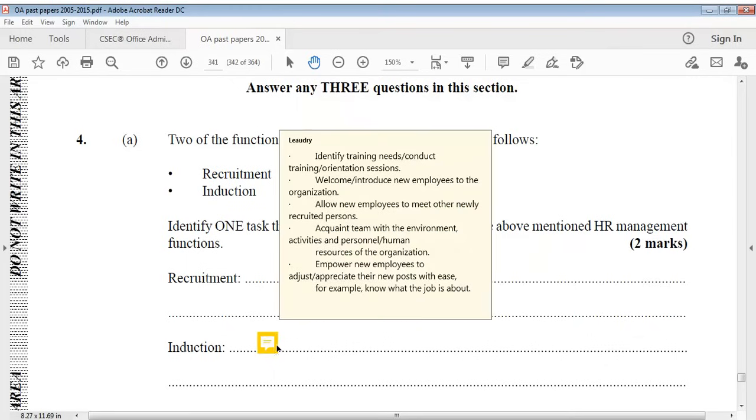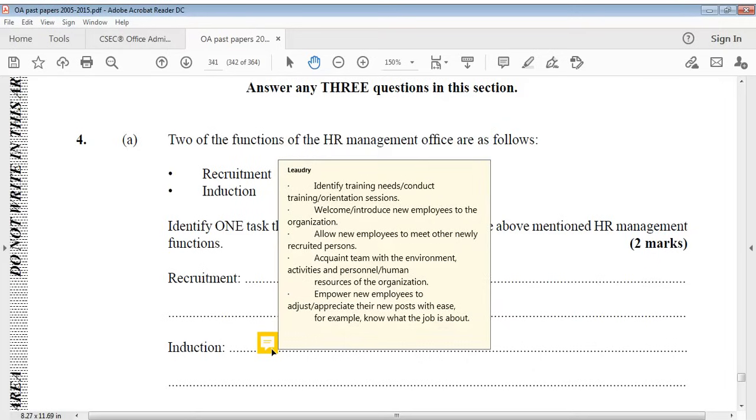That is the HR management function of recruitment. All right, let's move on to induction. 1. Tasks such as identify training needs or conduct training or orientation sessions. 2. Welcome or introduce new employees to the organization. 3. Allow new employees to meet other newly recruited persons. 4.